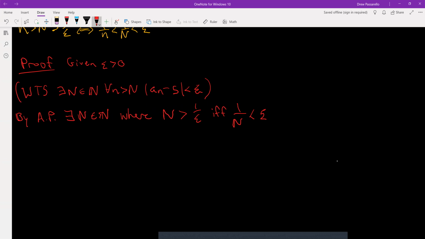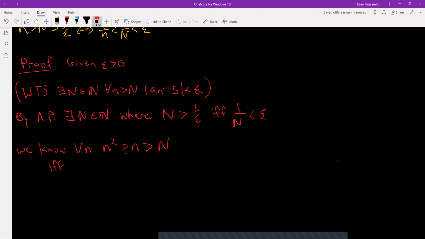Okay, so we know that for all n, n squared is bigger than or equal to n, and we want little n to be bigger than capital N, and that's if and only if.